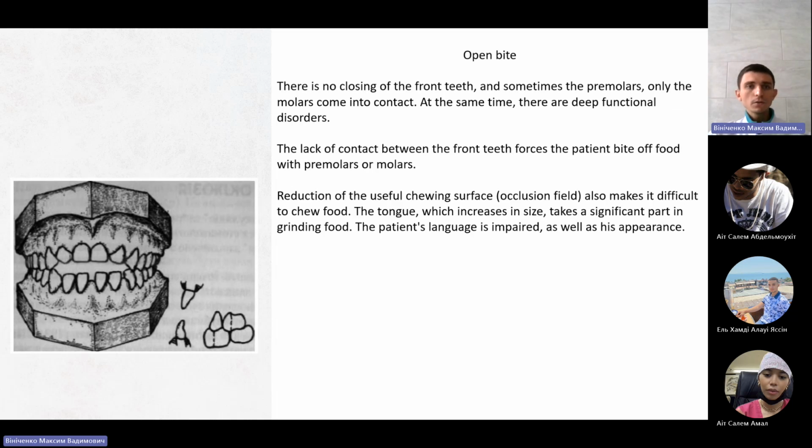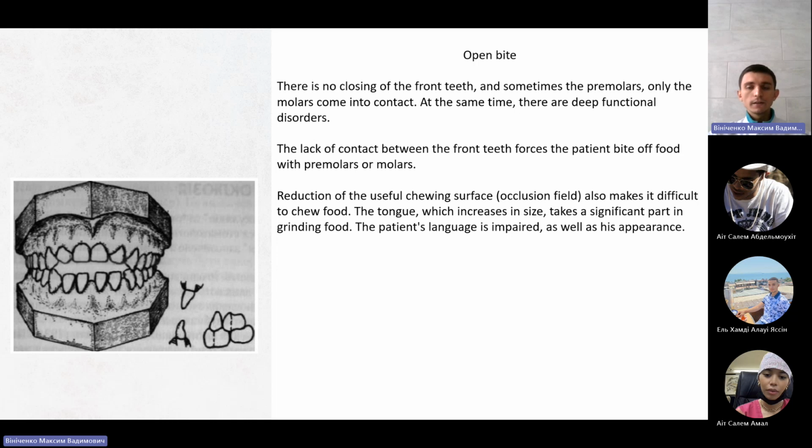Open bite. There is no closing of the front teeth, and sometimes the premolars, only the molars come into contact. If we talk about the orthodontic classification of the open bite, there are two types, type 1 open bite and type 2 open bite.